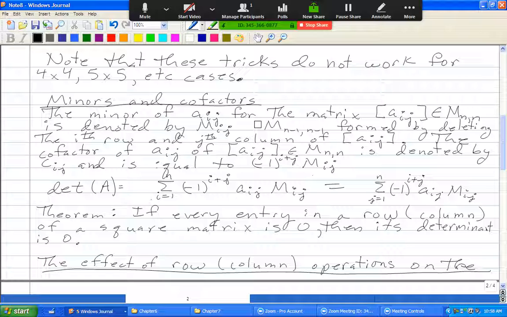This is actually the determinant. They wrote it this way. You can do it either way.